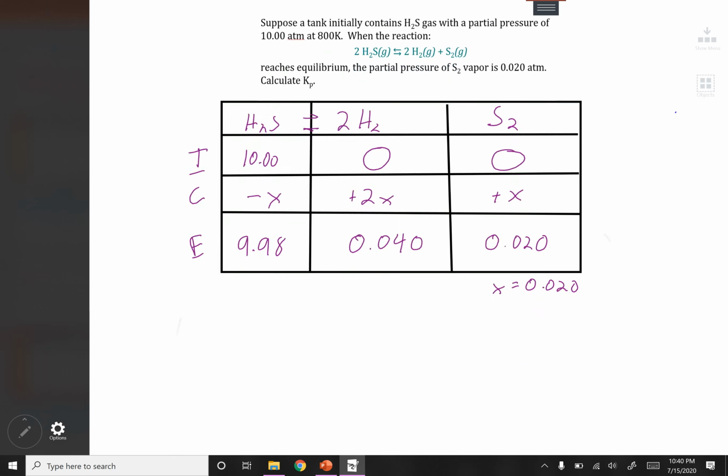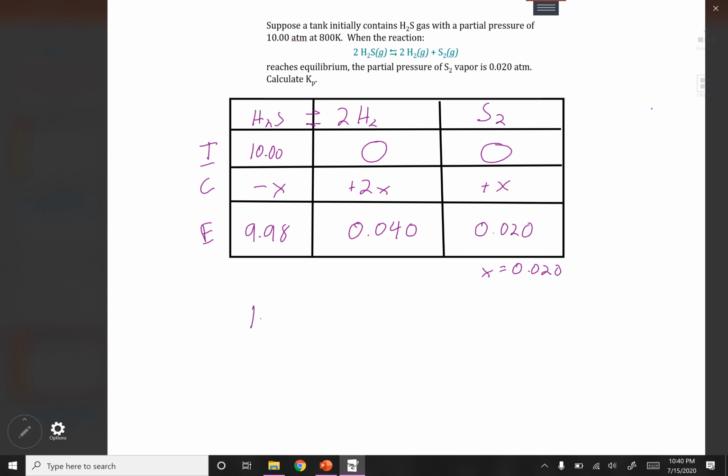Okay, so now it wants us to calculate Kp. So Kp will just be equal to, remember, products over reactants. So our products, we have H2, and that would be squared due to its coefficient, times S2 over H2S.